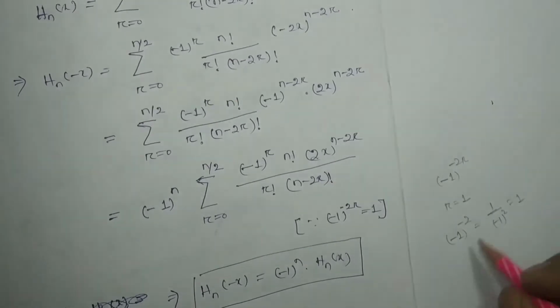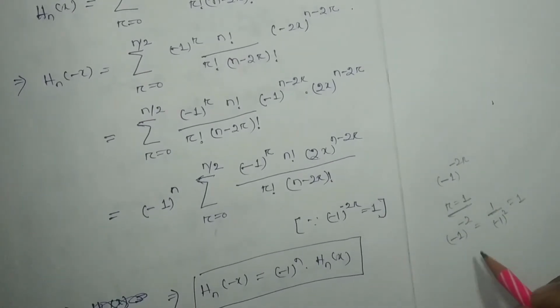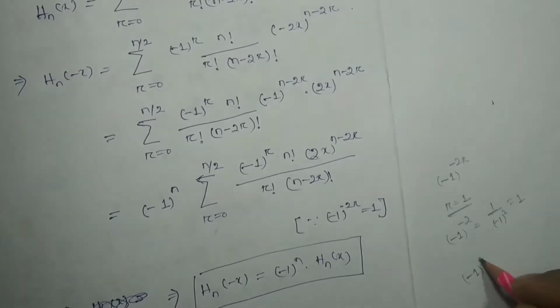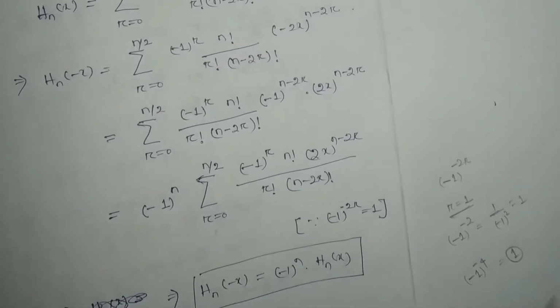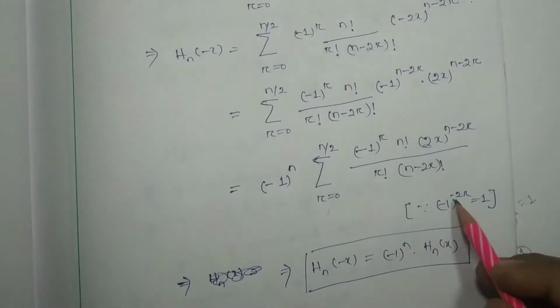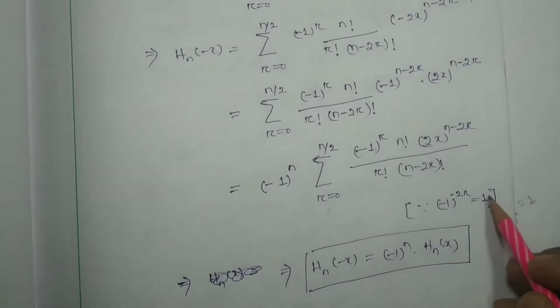If we consider r equal to 2, then minus 1 to the power minus 4 also will be 1, like that. So minus 1 to the power minus 2r will always be equal to 1.